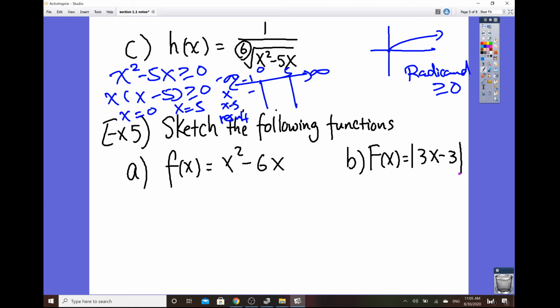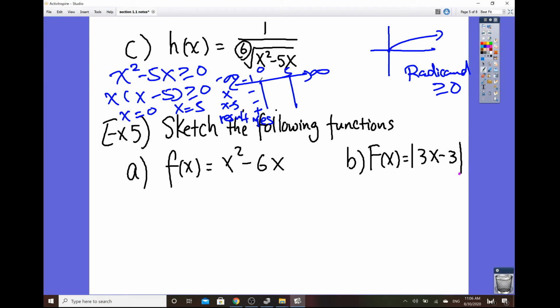Negative 1 minus 5, which is negative 6, is still negative. But negative times negative is positive. In order to satisfy the inequality, we need something greater than or equal to 0. So this one is positive, which means it's greater than 0, so that's part of the domain.